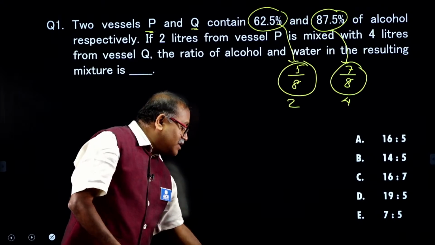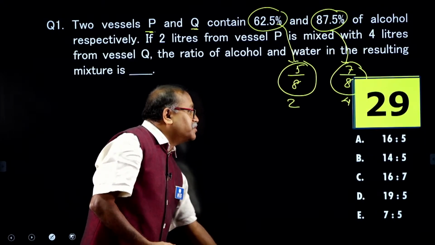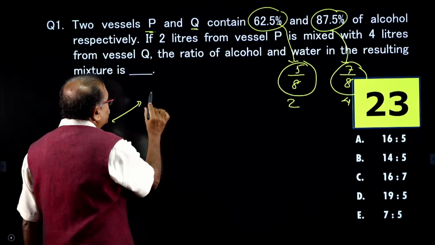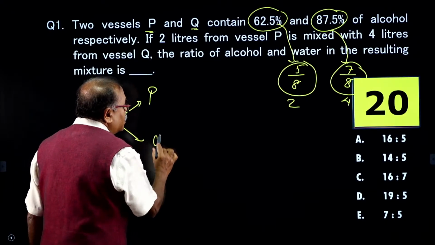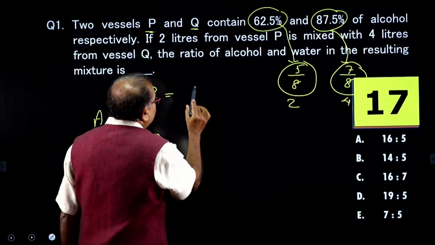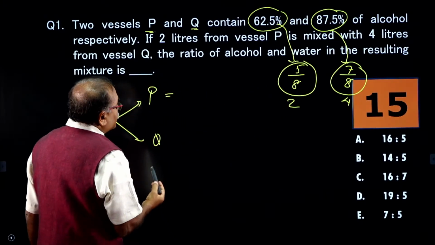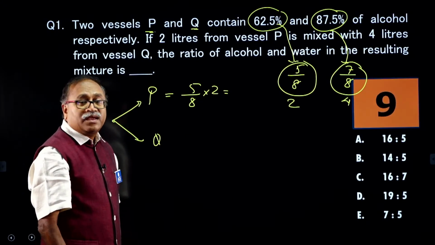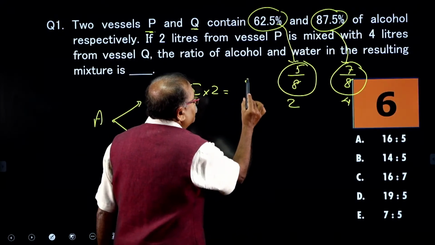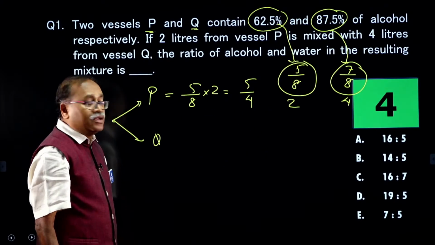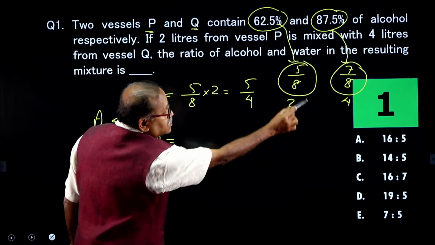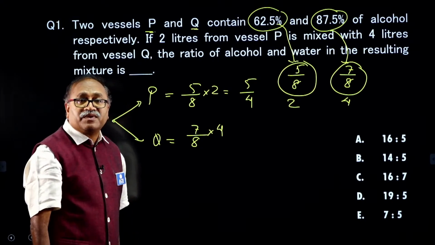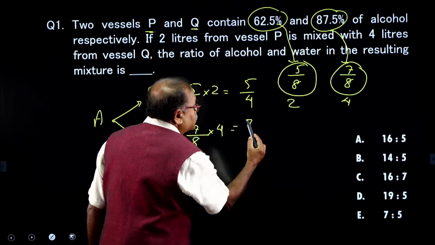Come on, my dear friends, a small fact you need to identify, and I am taking the alcohol over here: how much is in P and how much is in Q. I already know we have 5 over 8, and I am taking 2 liters over here. That means the alcohol will be 5 by 4 here, and here the alcohol is 7 by 8. This is the best approach. I am taking 4 liters from here, and in that case this is 7 by 2.